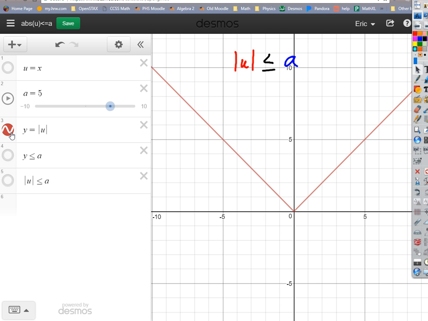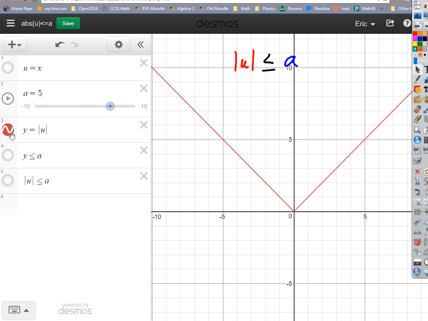But what's going to happen here? If I want all the values where the absolute value of u is less than or equal to a, I'm not really looking for just the intersection of the horizontal line. If I graph y equals a, I just get a horizontal line at y equals a, right?